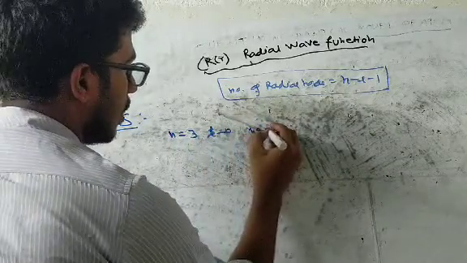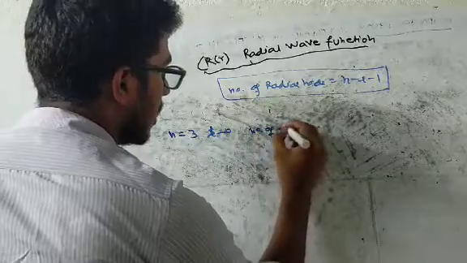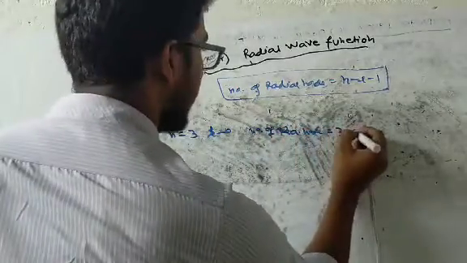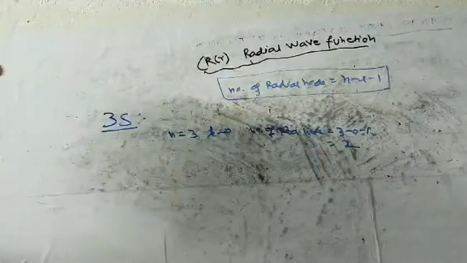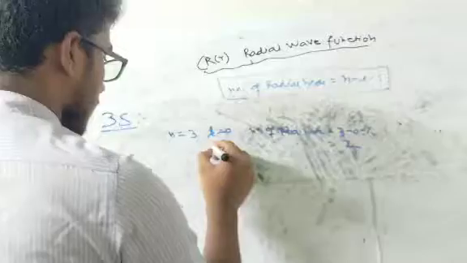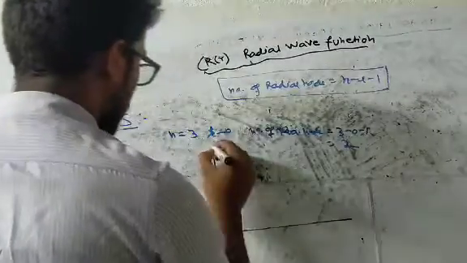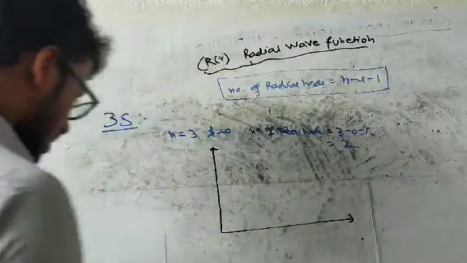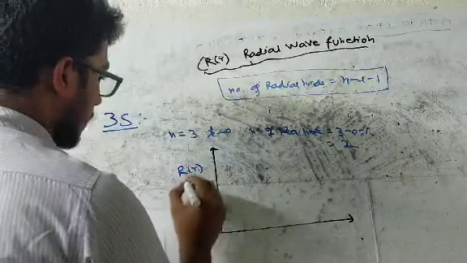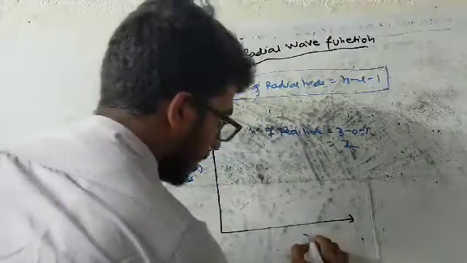So the number of radial nodes equals 3 minus 0 minus 1. So that is 2. So this is R of r for the 3s orbital, and this is r.